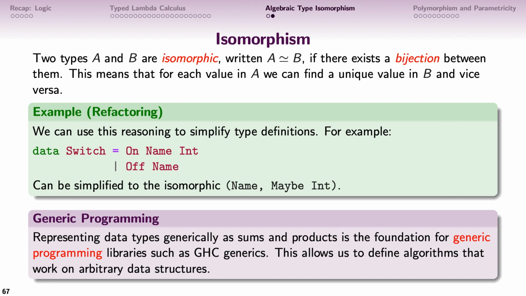This library isn't built into GHC or anything, but it allows you to derive conversions of your data types into JSON or from JSON, right? And the way it does this is with generic programming. So if you're interested in learning more, please ask me and I'll provide you with some links. But essentially, it's a very cool way to define algorithms that work regardless of the specific data structure that we're working with.